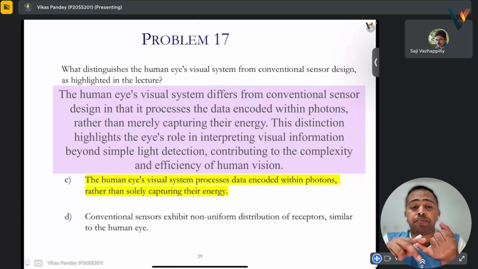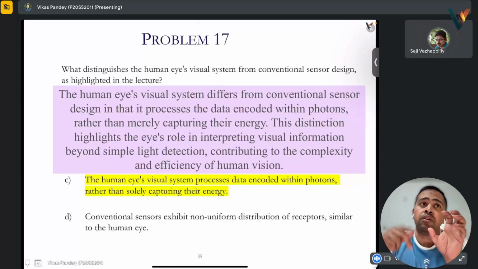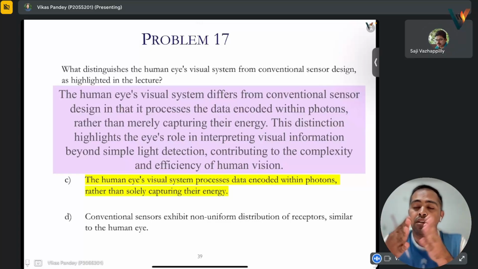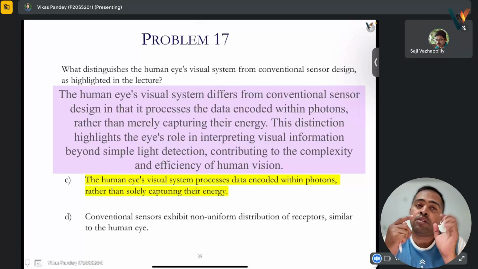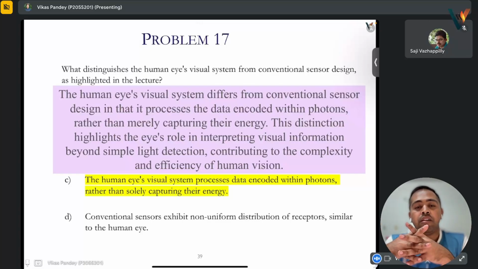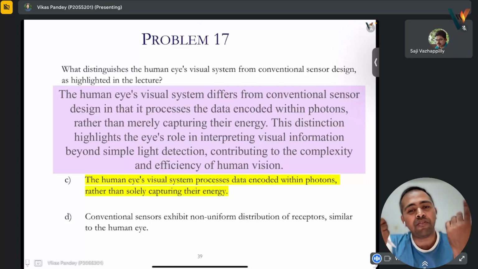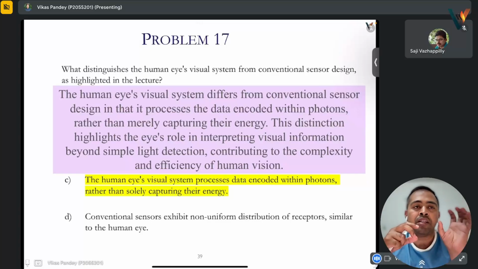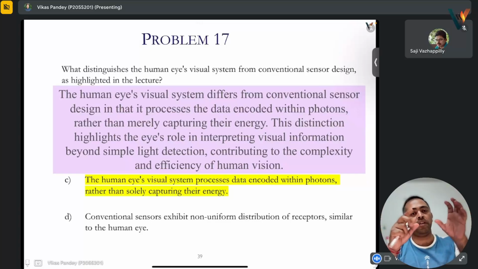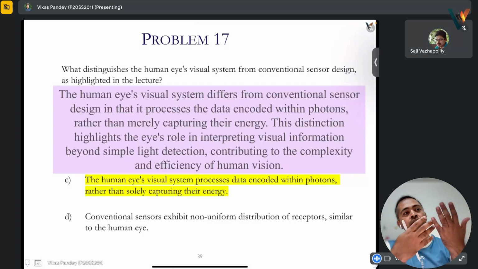So it is much more complex than a simple photo sensor. It is not just light detection, but it is about the human vision system. Whereas in the case of a camera, it is just the light: it is opened and the light comes, and based on that, an image is formed.